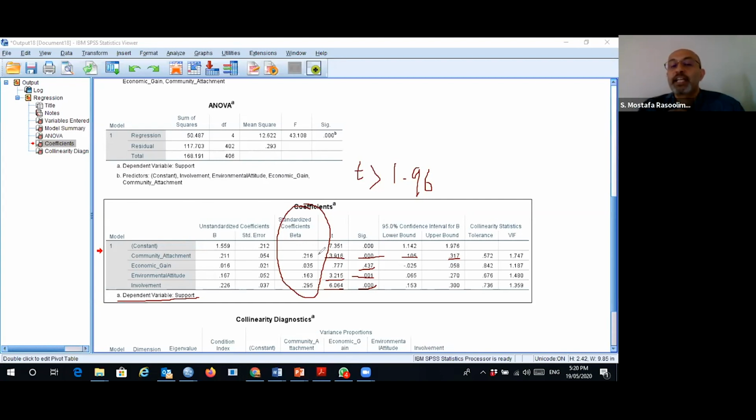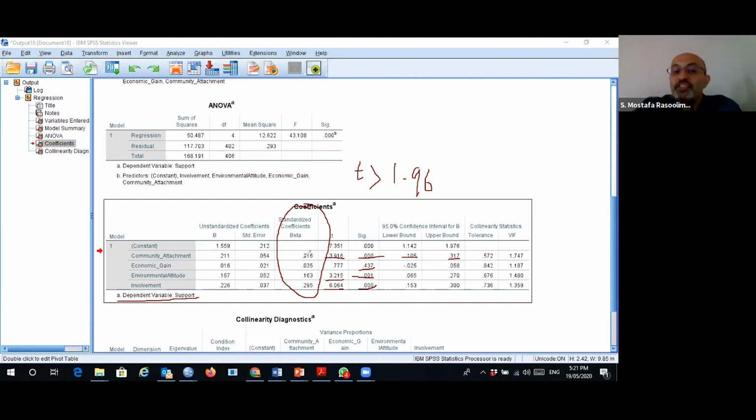But there is no significant relationship between economic gain and support, so this effect cannot be supported by the result. And these two are significant based on t-value, p-value, and confidence interval.